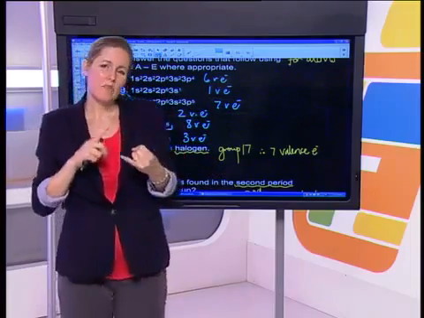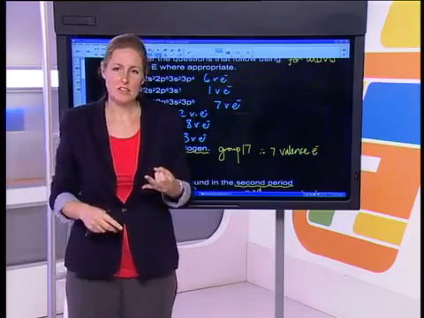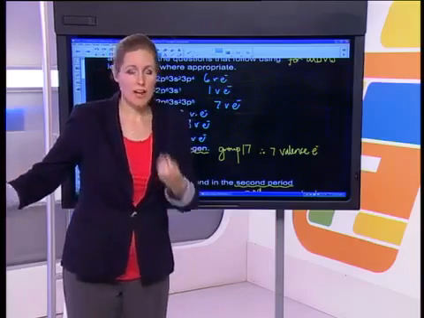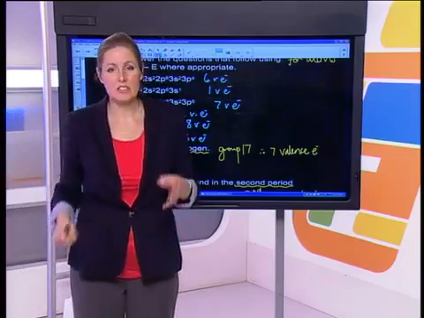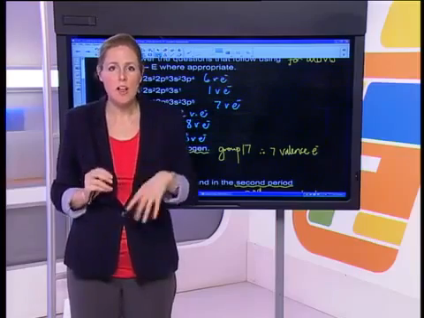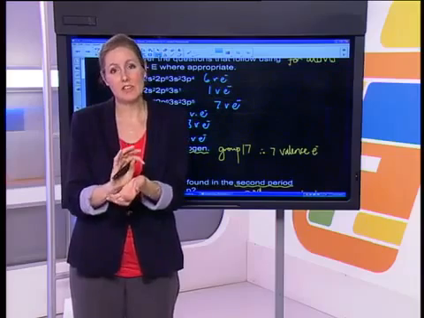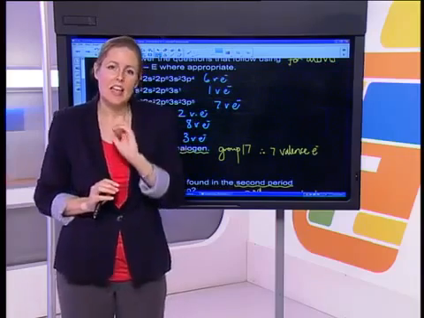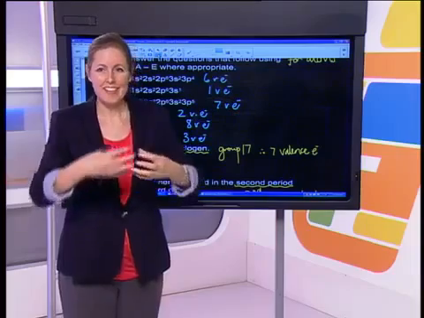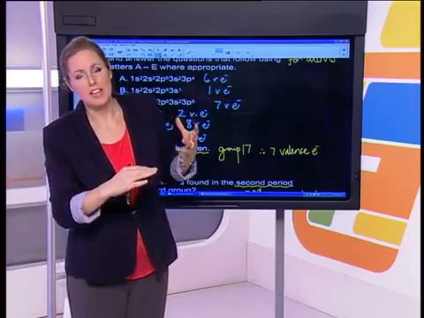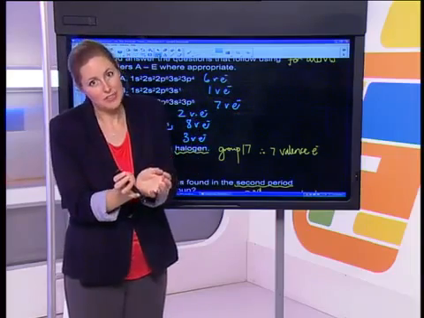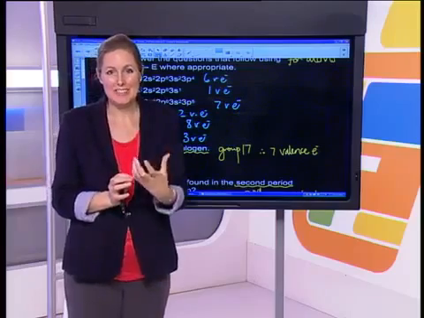Those that only have 1 valence electron or 2 valence electrons are going to have to gain, for 1, an extra 7 valence electrons to get a filled outer energy level, or for 2, an extra 6 valence electrons to get to that filled outer energy level of 8. Instead, if they give away, then they can revert down to the lower energy level, and then that is filled, okay? So it's going to be stable.